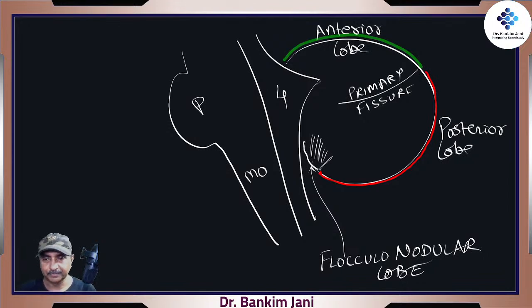Flocculonodular lobe. So there has to be a fissure in between, because that is the fissure which will separate it from this posterior lobe, and that is called the posterolateral fissure. Posterior and lateral, right?